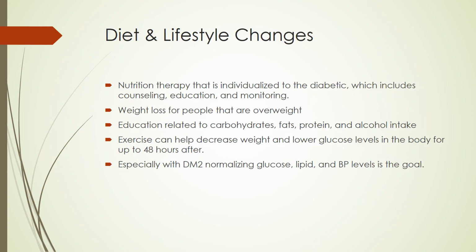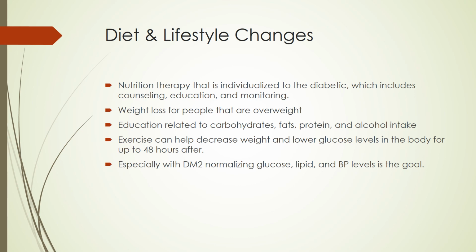Diet and lifestyle changes are extremely important in controlling diabetes. This is especially true for type 2 diabetics. Nutritional therapy that is individualized to the diabetic includes counseling, education, and monitoring, weight loss for people that are overweight, and education related to carbohydrates, fats, protein, and alcohol intake.